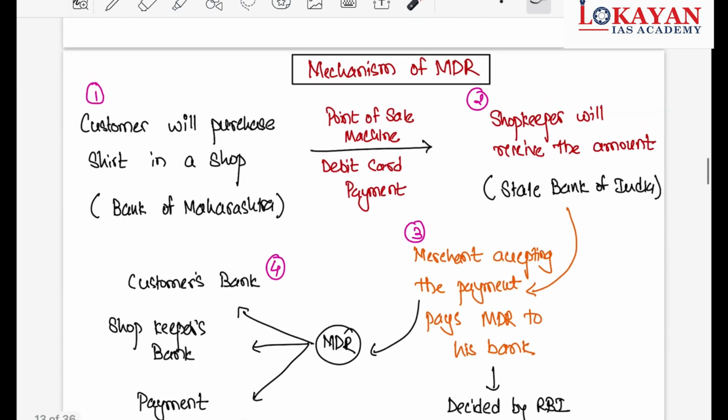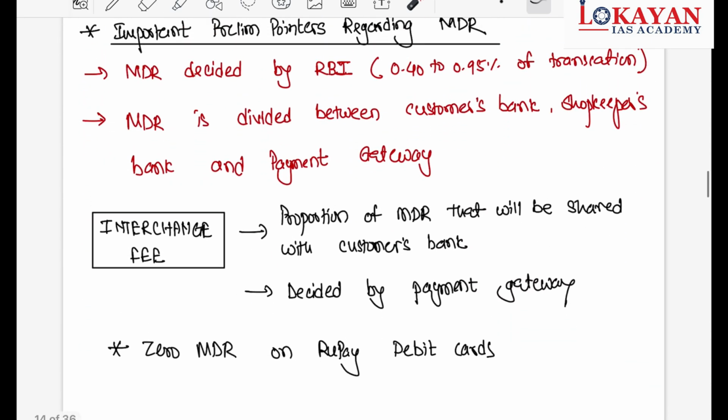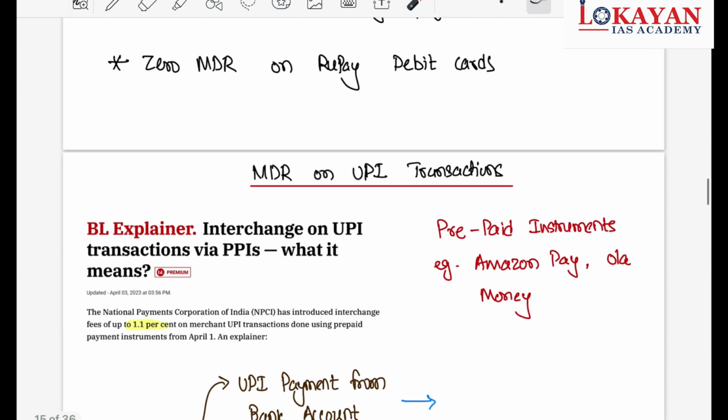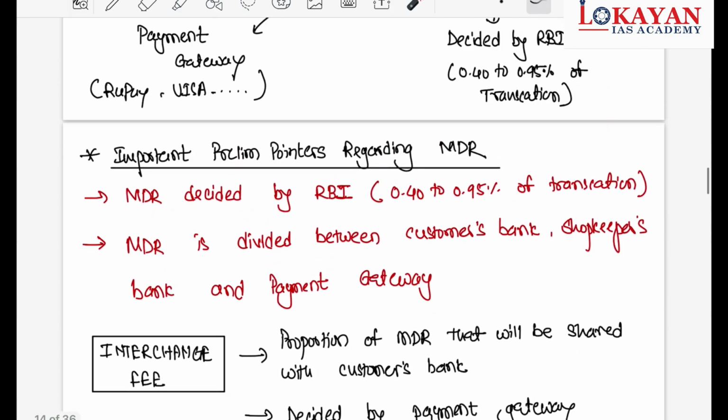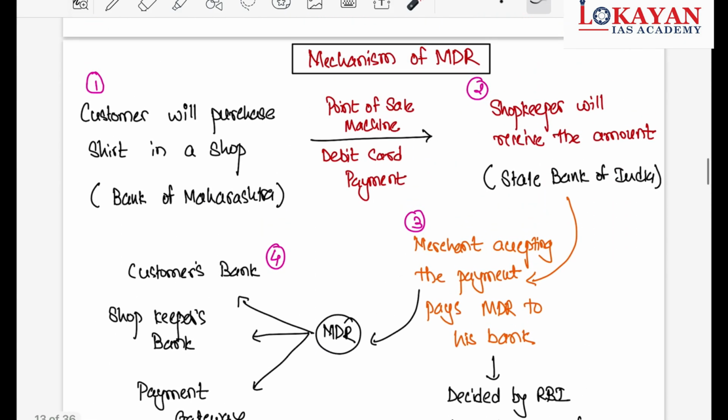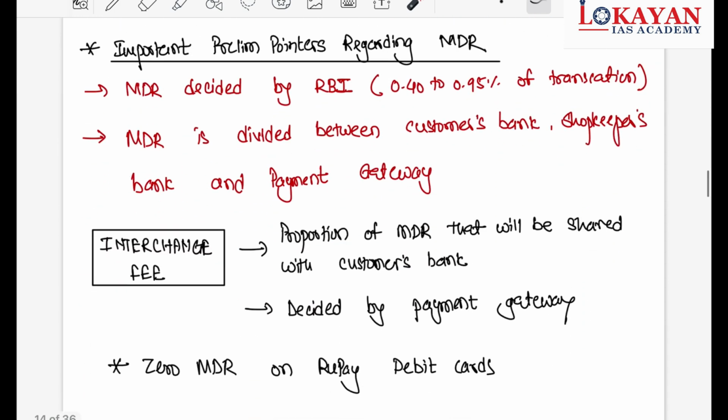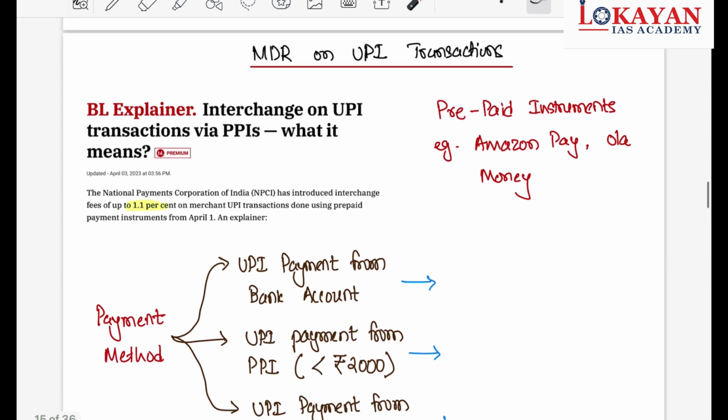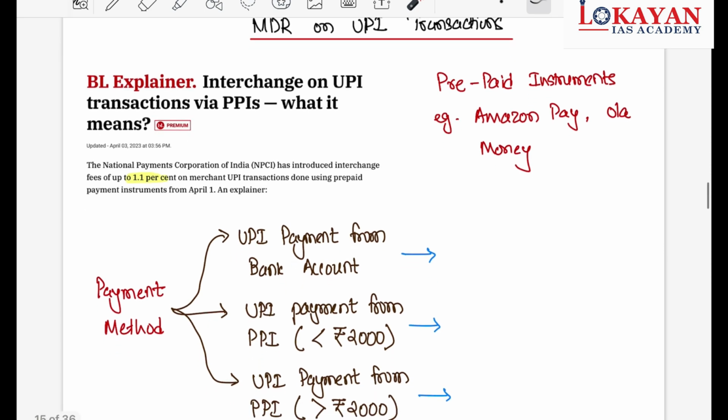But now there is an important current news regarding MDR, that is MDR on UPI transactions. In this case the payment was through a debit card, but the same payment can also be made through a UPI transaction. So if I paid through UPI, what will the scenario be?